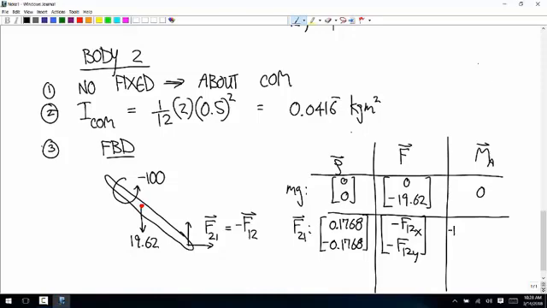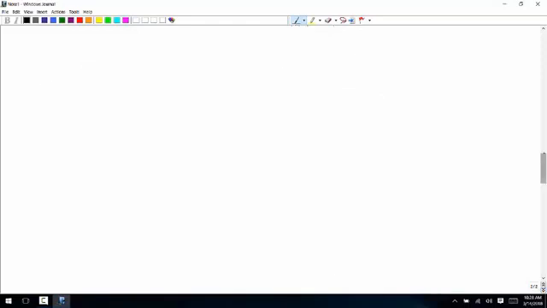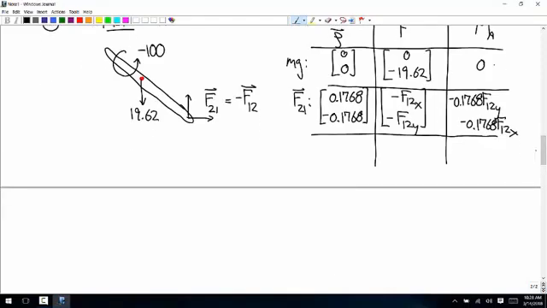And the cross product is negative 0.1768 F12y minus 0.1768 F12x. And then the last thing is the couple. We don't care about this stuff, and it just gives us negative 100.